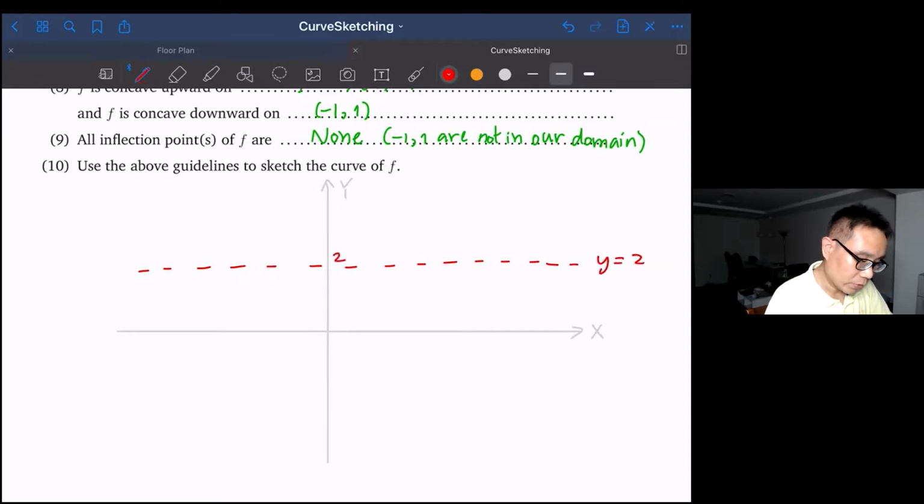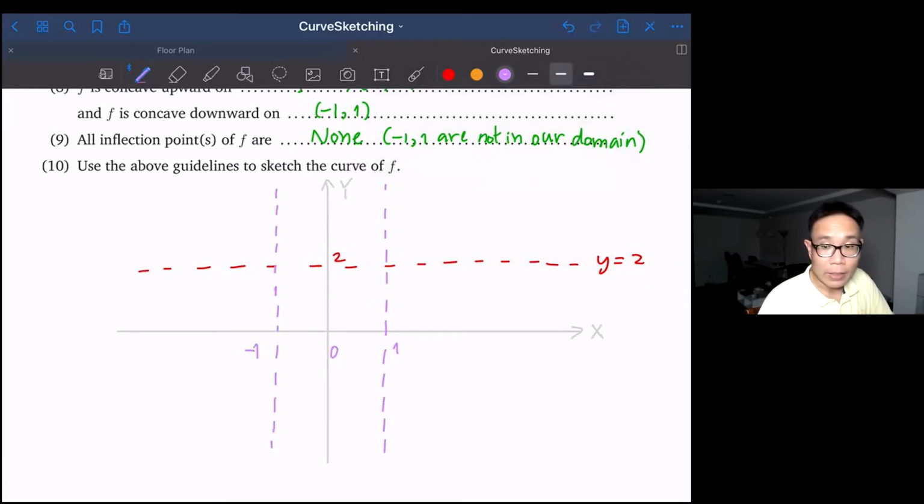Okay, so you have 2 here, and you're going to have x equal to 1 and x equal to negative 1 as vertical asymptotes.